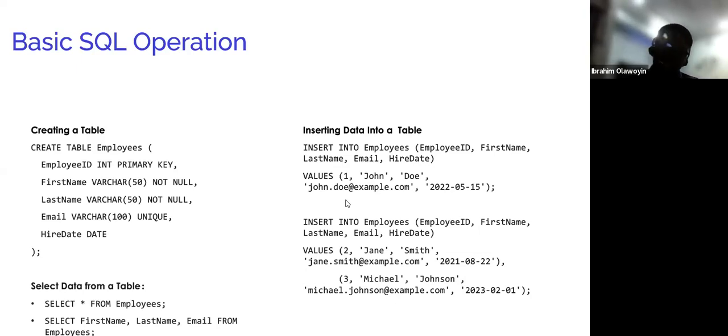So we are also repeating the same thing for last name, right? And also for email. Now, for email, we have a different constraint. If you notice, the email can take up to 100 characters, but it must be unique. That is, when the first employee is enrolled, he uses ABC at company domain.